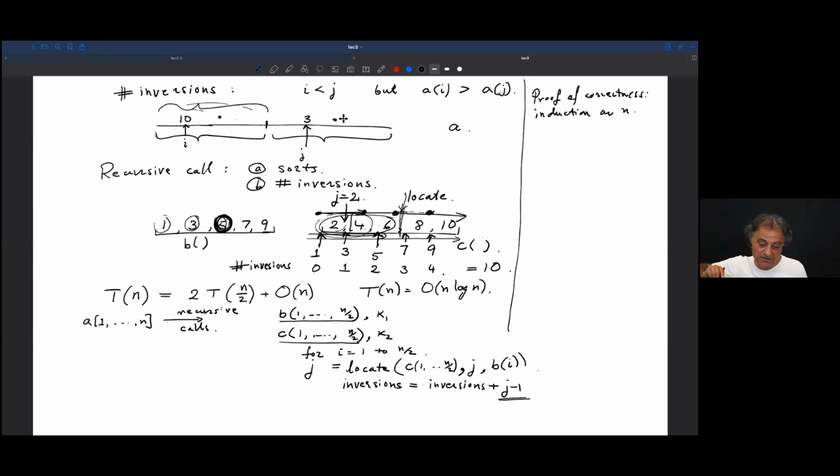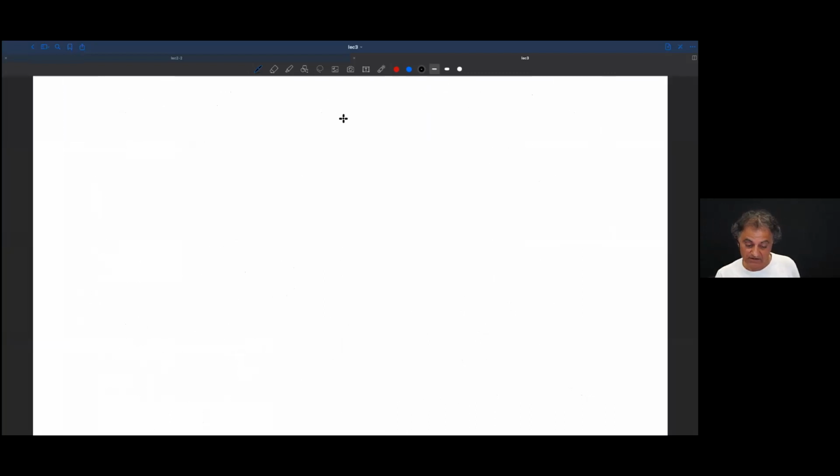Okay, so shall we move on and talk about finding medians? So in median finding, again, we are given a list of n elements, A1 through An. And now we want to find the middle element.